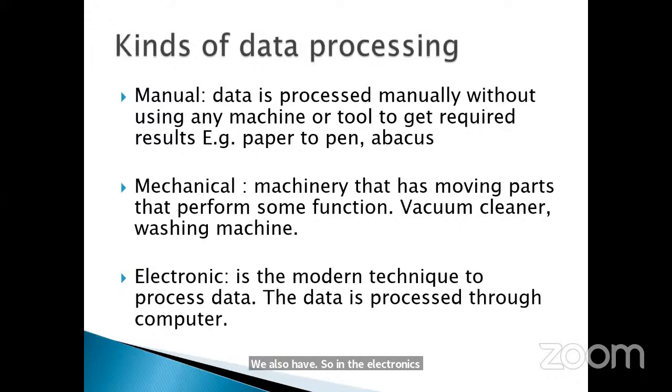Electronic is the modern technique of processing data, and the data is processed through computers. So you can see the example I gave us of the washing machine. You can agree with me that we have some washing machines that are more mechanical than electronic, and we have some washing machines that perform the process more like a computer.